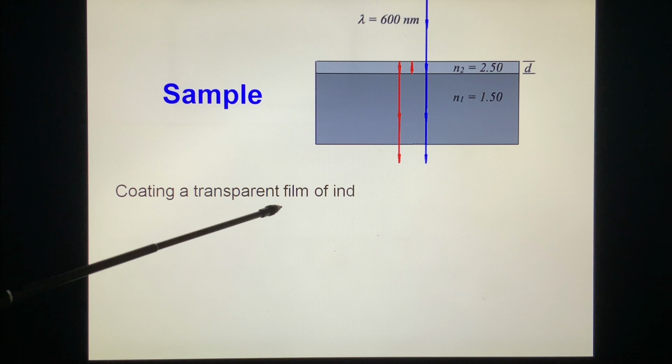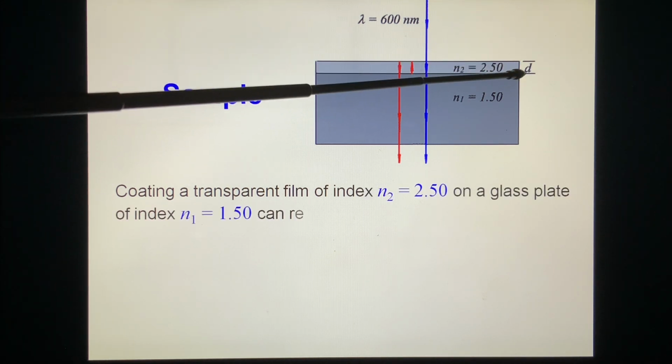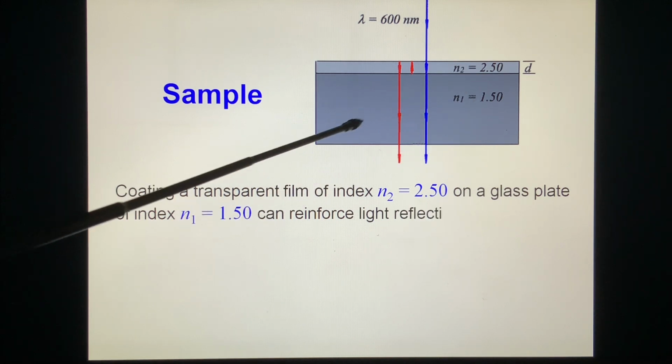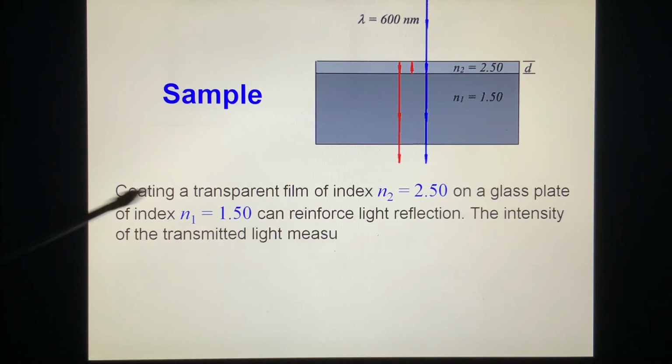Coating a transparent film of index n2 = 2.50 on the glass plane of index n1 = 1.50 can reinforce light reflection.